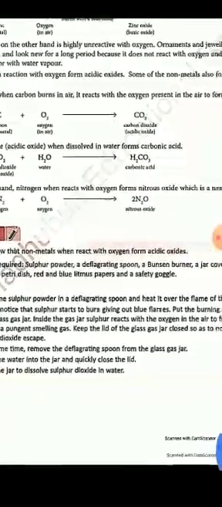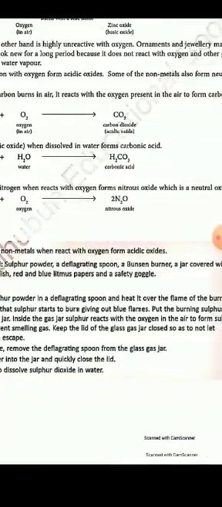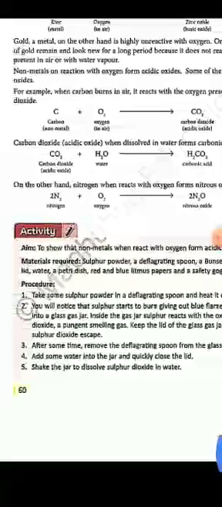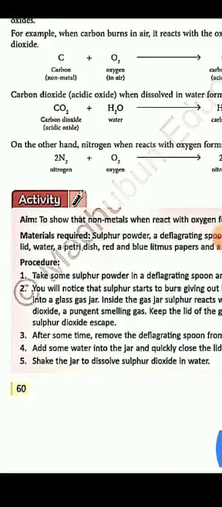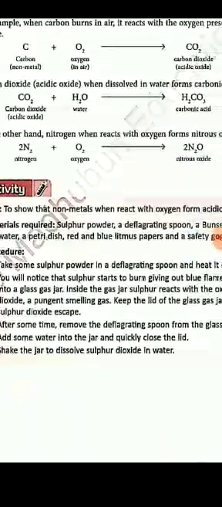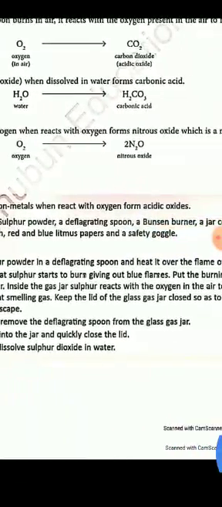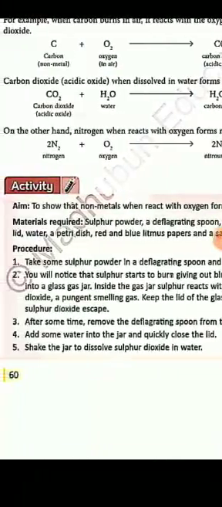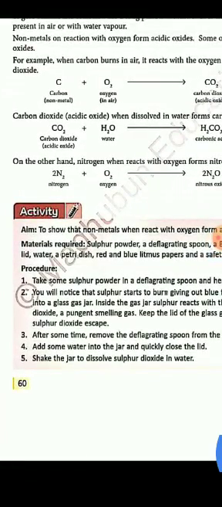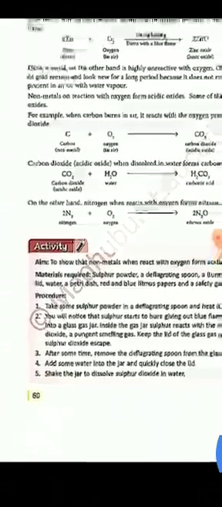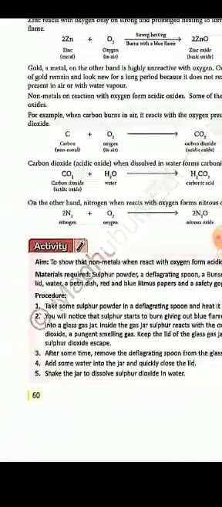Now keep the lid of the glass jar closed so as to not let the sulfur dioxide escape from the jar. Then after some time, we will remove the deflagrating spoon from the glass gas jar and add some water into the jar and quickly close the lid. Shake the jar and dissolve sulfur dioxide in water.